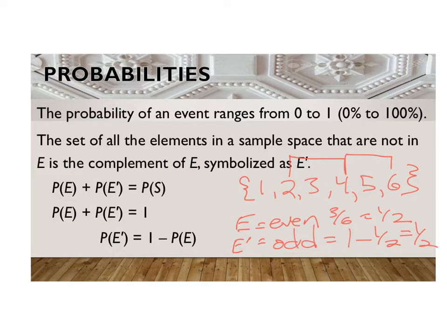If you add the probability of an event and the probability of the complement, you're going to get 1. So if the probability of the event is getting a 1, in this case, it's going to be 1/6. The probability of not getting 1 is 5/6 because it's everything else. That's what complement means, everything else.